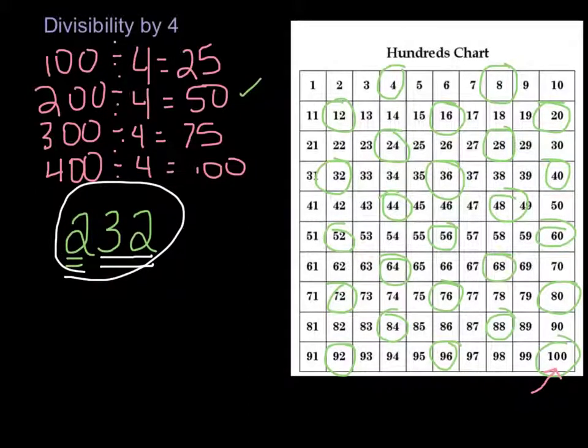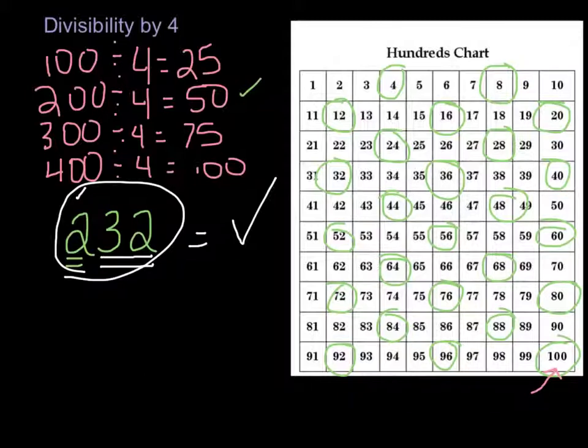So we already know that the 2 in 232 is divisible by 4. So I'm looking at my 32. And I know that 32 divided by 8 is 4. So therefore, 32 is divisible by 4. So I know that 232 is divisible by 4.